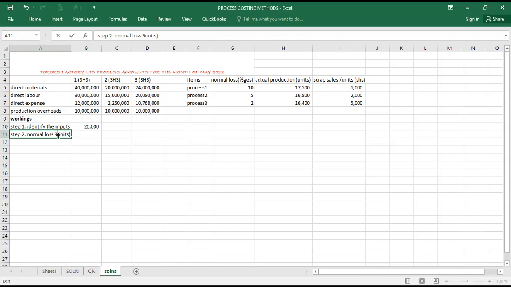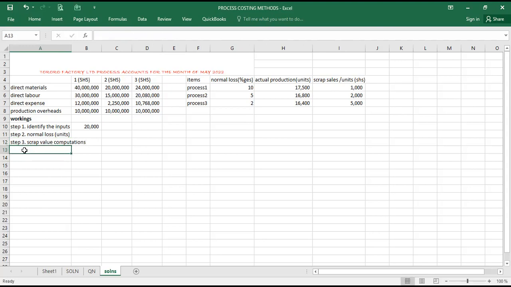When we get our normal loss in units, then the next step, step 3, will be getting the scrap value for those normal losses. Scrap value computation. Computations, we can put S.